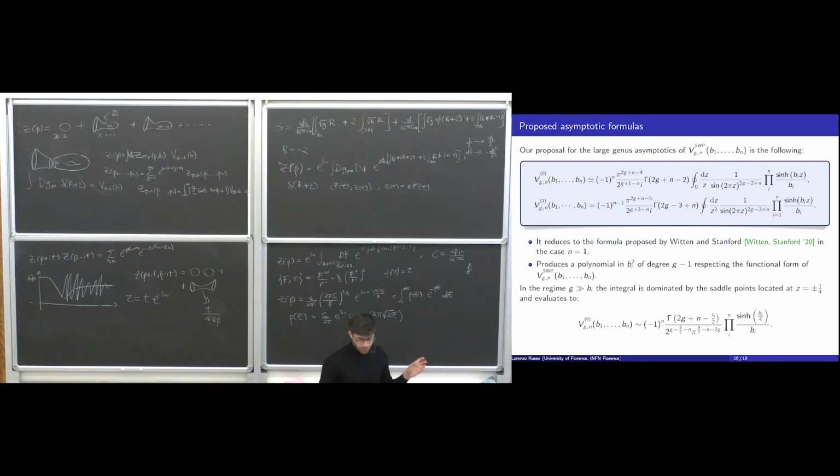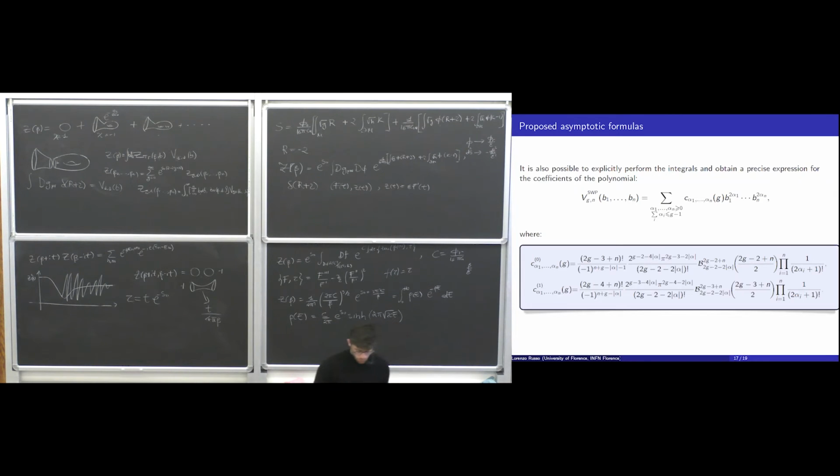We can also obtain some formulas with the hyperbolic sine, but you recover them only in the regime of the genus being much greater than the length of the boundary of the volumes. Here you can perform the integral by saddle point analysis, and you will get something like this. But our formulas are actually valid in a wider range. So let me convince you of the validity of these formulas by showing you some numerical evidence.